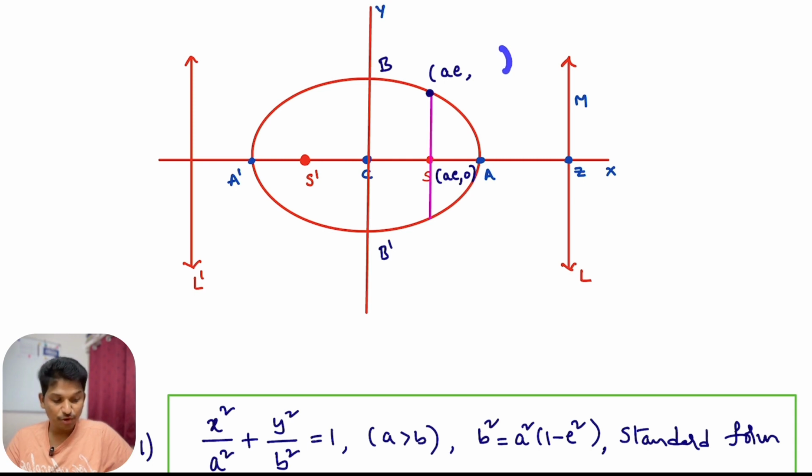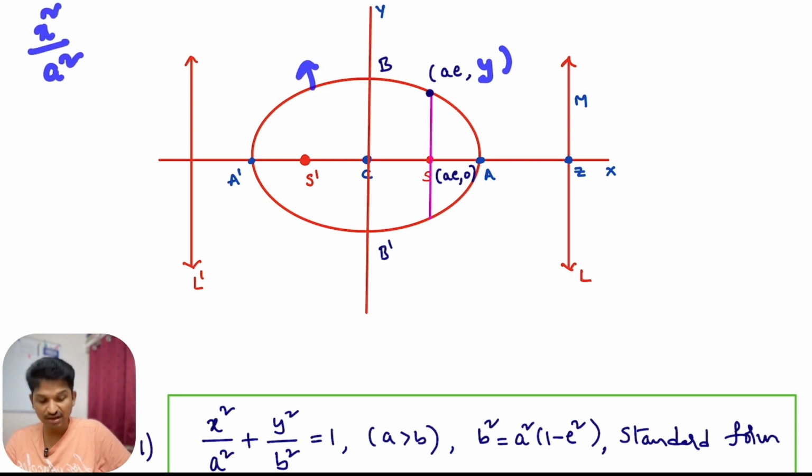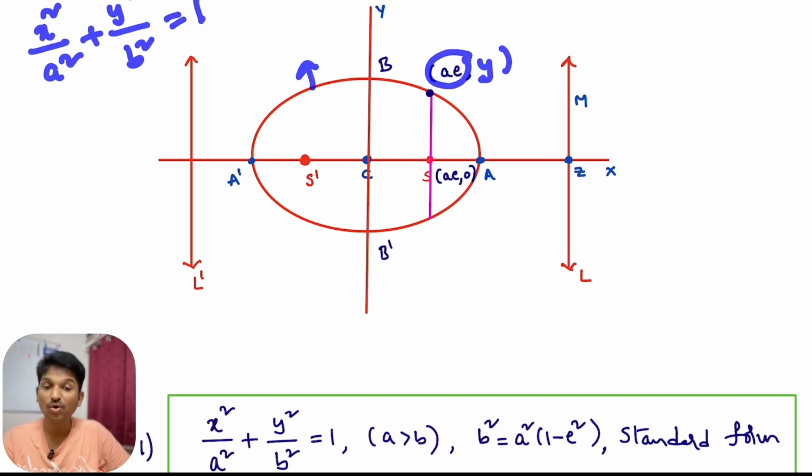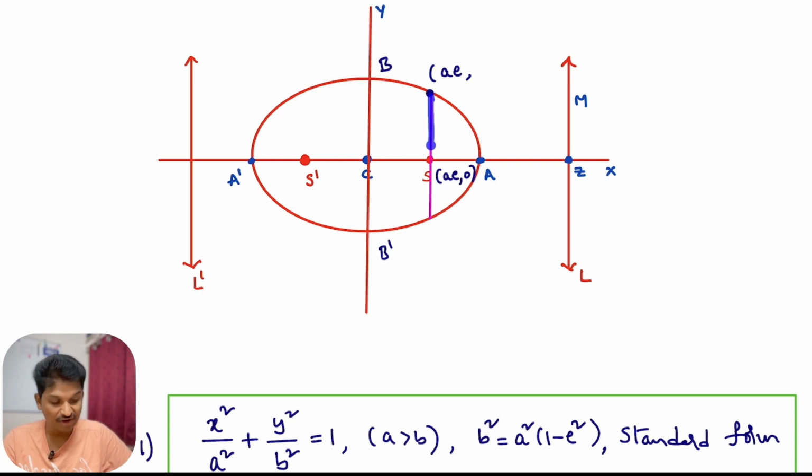Here, this point has x value and y value. The equation of this ellipse is x square by a square plus y square by b square equal to 1. In this equation, in place of x, if you write ae, you will get y.